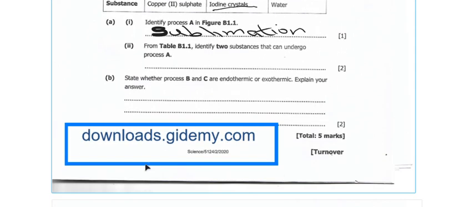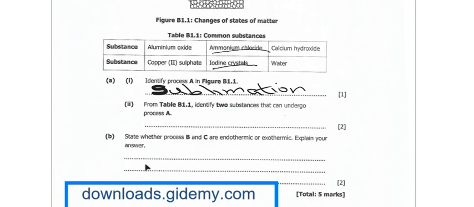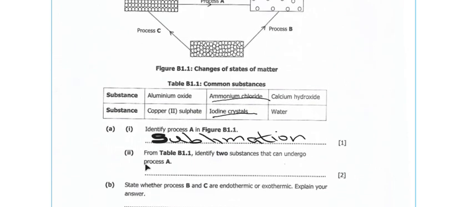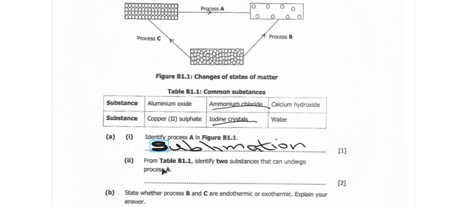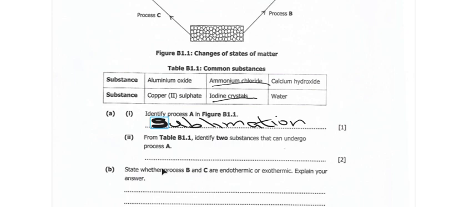Now state whether process B and C are endothermic or exothermic. Explain your answer. So let's go to B, which is from liquid to gas. So this was gaining kinetic energy. So that is endothermic because heat was used in the system.